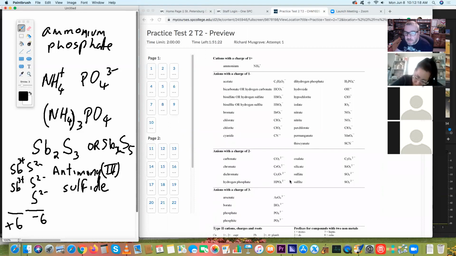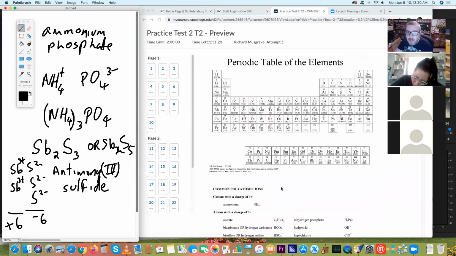I am a little bit confused when you have, for example, a semi-metal. In this case, antimony is a semi-metal, right? It is, but it's still considered a metal.